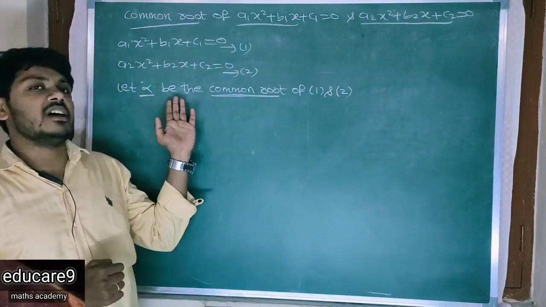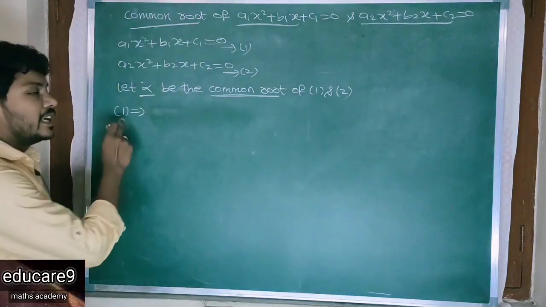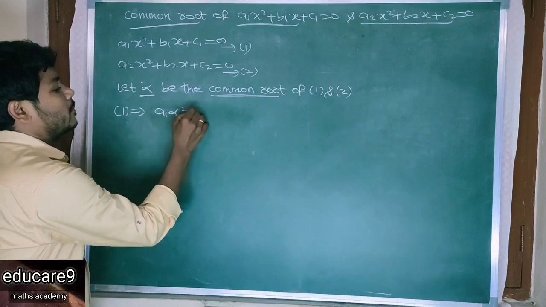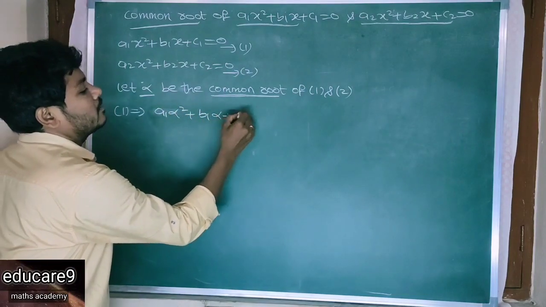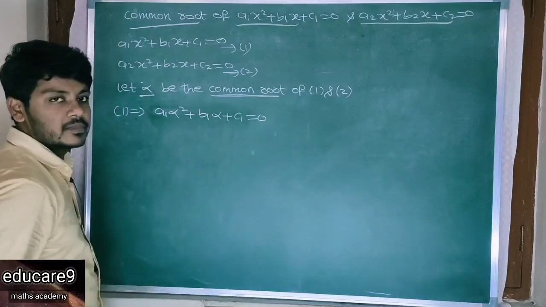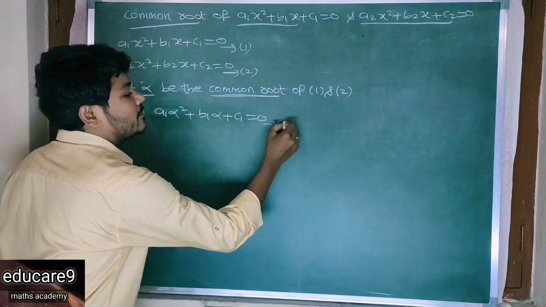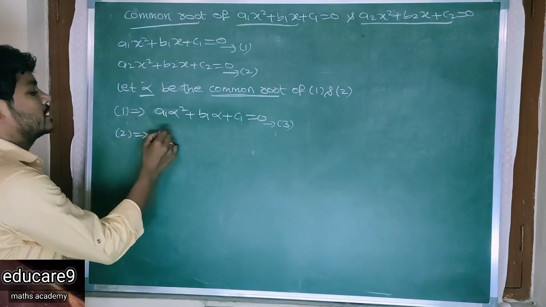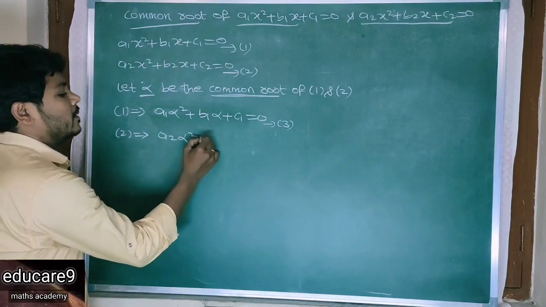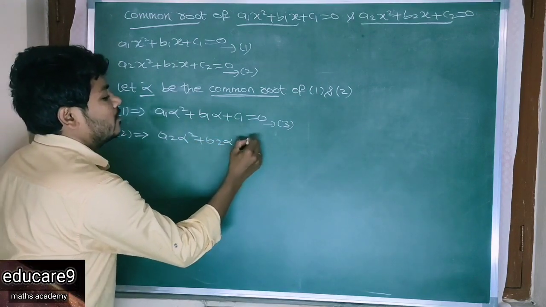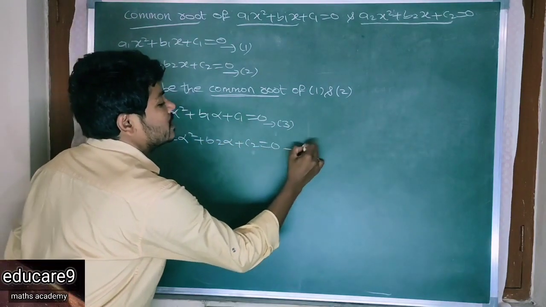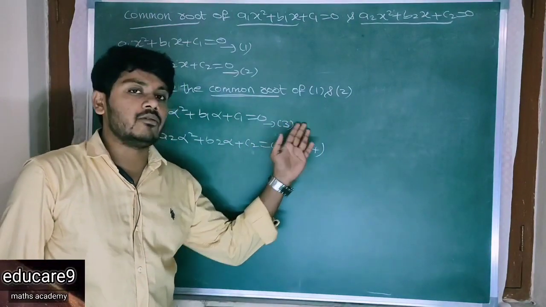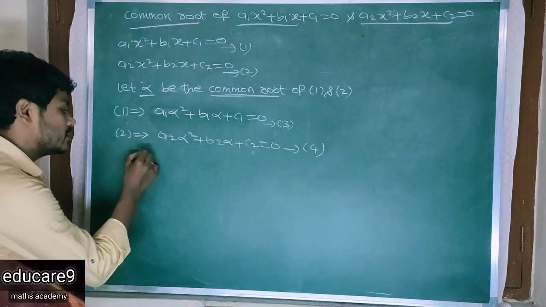So equation 1 implies a1 alpha square plus b1 alpha plus c1 is equal to 0. This is equation 3. And equation 2 implies a2 alpha square plus b2 alpha plus c2 is equal to 0. This is equation 4.